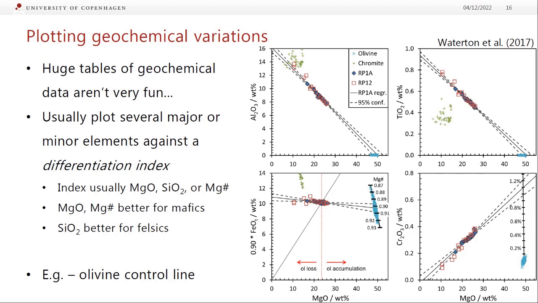Same goes for the titanium one, but by picking different elements to show, we can show different aspects of the lava crystallizing. So here I've plotted FeOT. The reason it's 0.9 is to do with how oxidized the lava was. I said some of it can be as Fe2+, some of it can be as Fe3+. So this is just a crude correction, so we ignore the Fe3+.